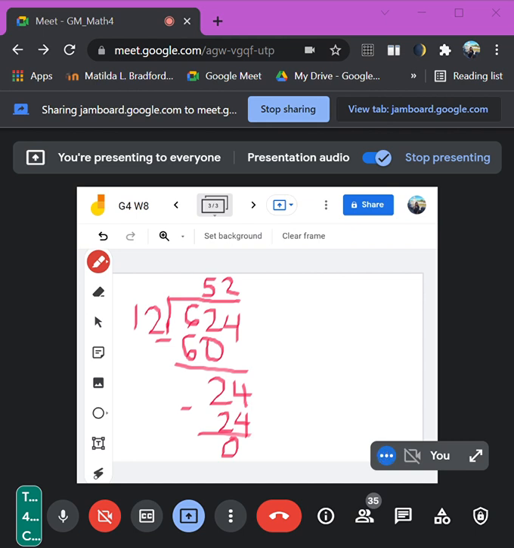Class, you can use the divisibility rules. The divisibility rules will help you. What is the rule if a number is divisible by 12? It should be divisible by 3 and 4.